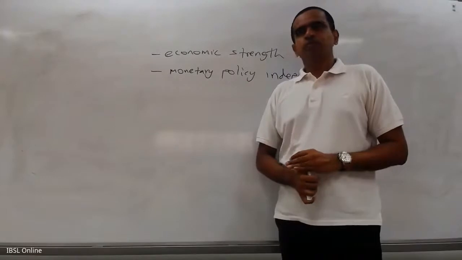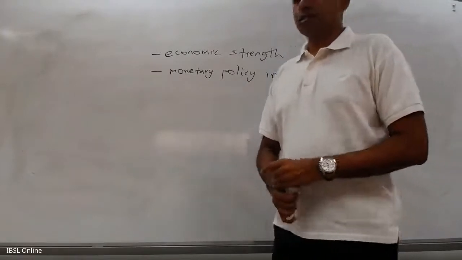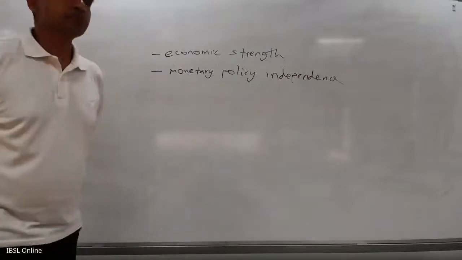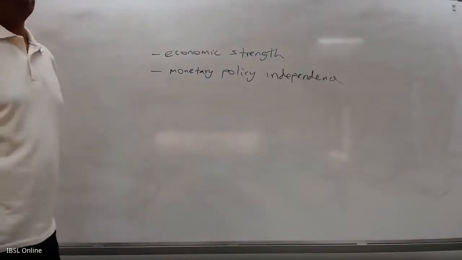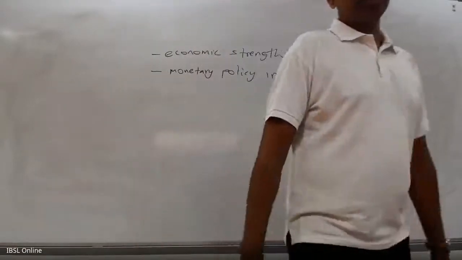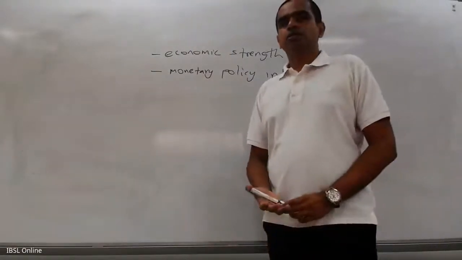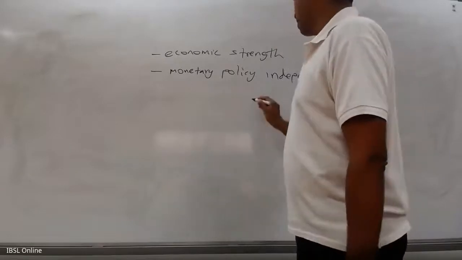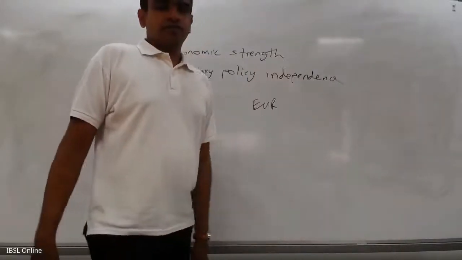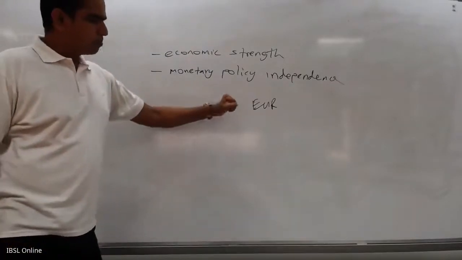Now, before the euro was adopted, Greece was using a currency called the drachma, the Greek drachma, and that was abolished. And the entire 17 or 19 countries in the Eurozone started using euros. And who decides on whether to print euros or not?